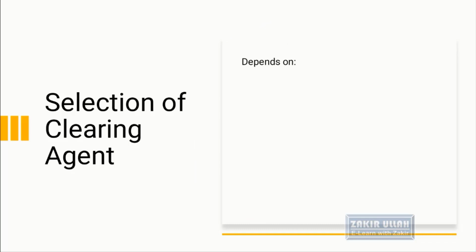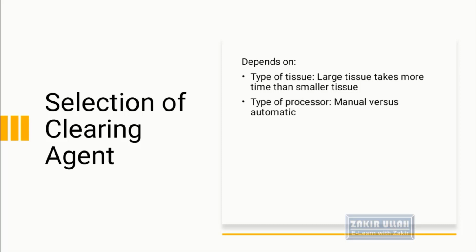Selection of a clearing agent depends upon the type of the tissue, whether it is a large tissue or a smaller tissue, because a large tissue takes more time than a smaller tissue. It also depends on the type of processor used, either manual or automatic, and the processing conditions, such as the temperature of the medium and whether a vacuum is created or not.